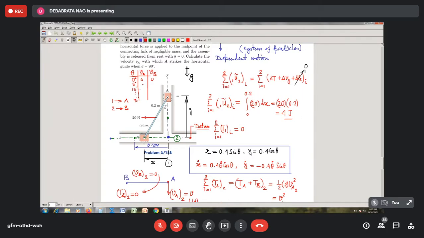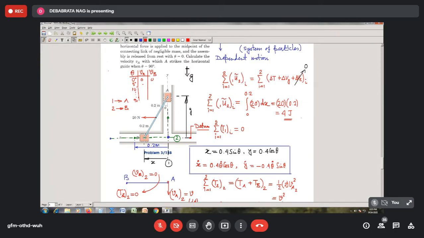Looking at the table, I can take any arbitrary angle. For example, I say theta equal to 25 degree. What would be the velocities of these two blocks at that position? So you may be asked to write a programming code, and also to develop a graphical plot showing the variation of these two velocities with the angle theta.